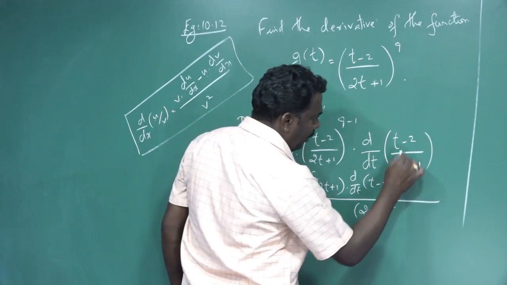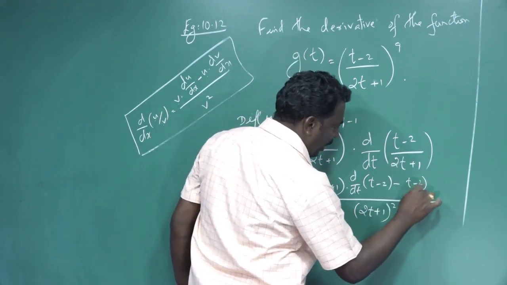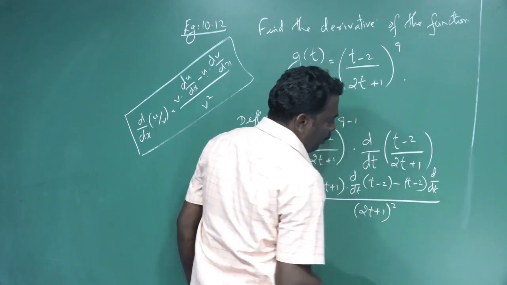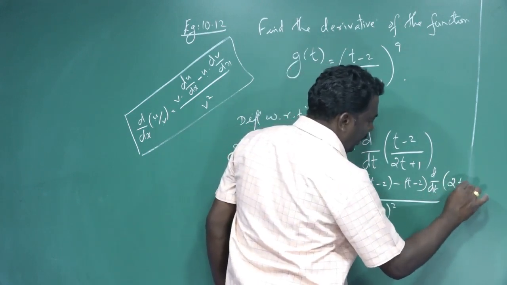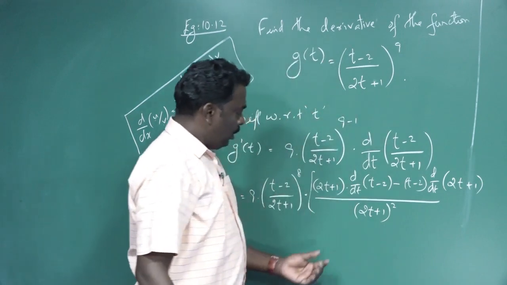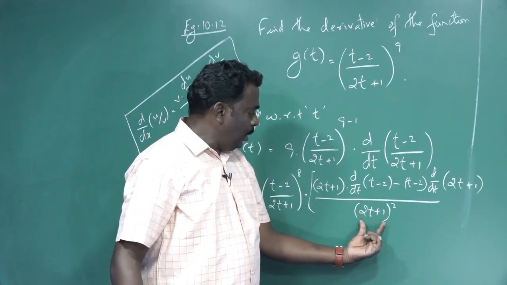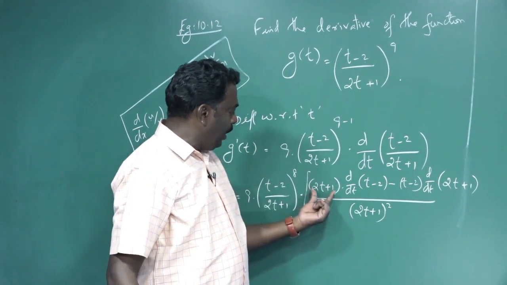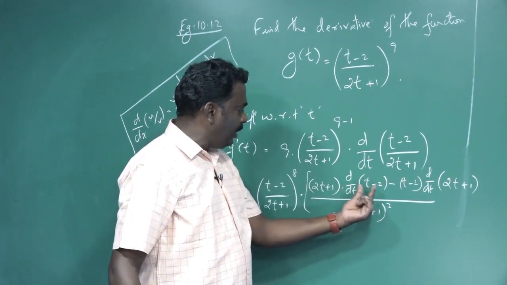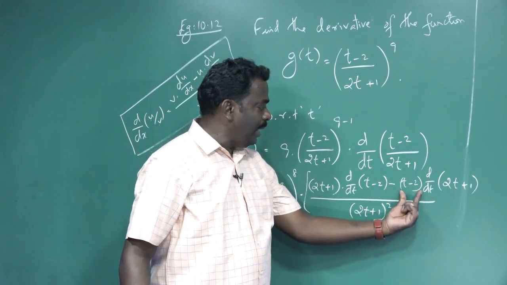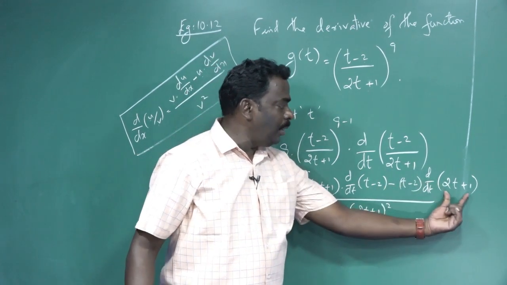Then minus, keep the numerator t minus 2 as it is, and differentiate with respect to t the term 2t plus 1. Now the denominator is v square, that is (2t plus 1) whole square. Again in the numerator keep v as it is, differentiate the numerator term t minus 2, minus keep the numerator term t minus 2 as it is, differentiate the denominator 2t plus 1.